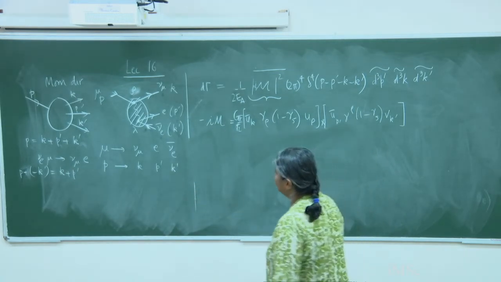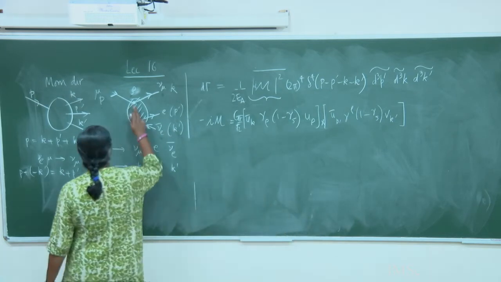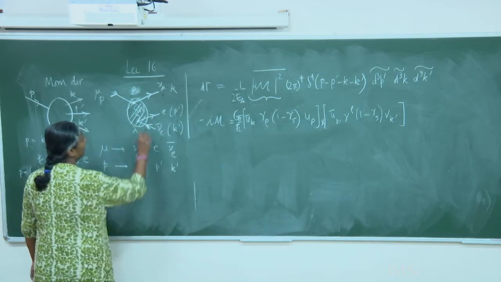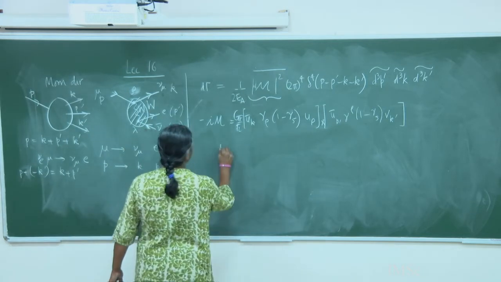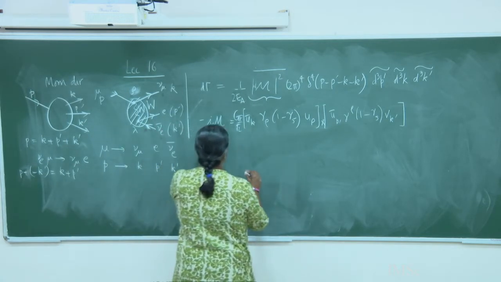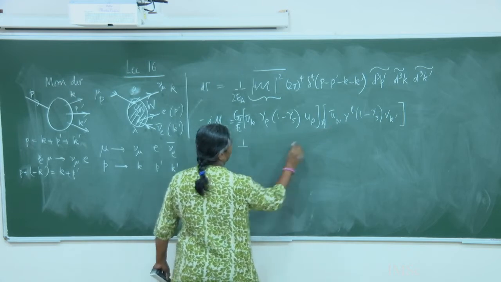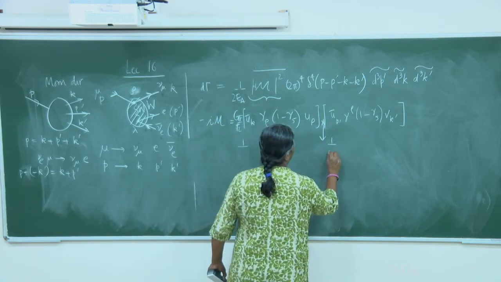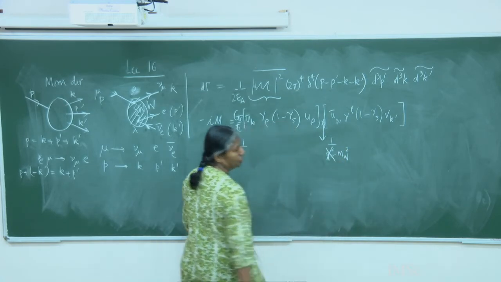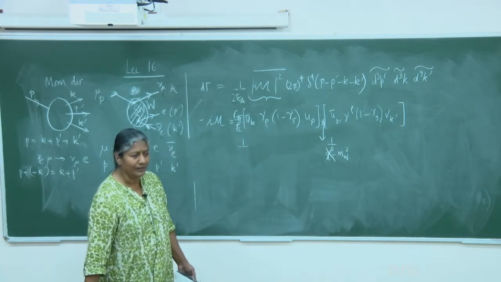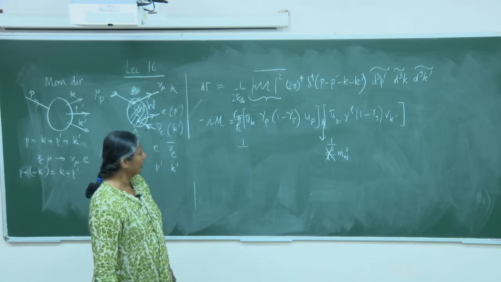Now, we know now that there is a propagator, which is the W propagator. Maybe I will put it out here, okay. And this W propagator will have a 1 by q squared minus mw squared, and I can drop the q squared because it is of the order of MeV, whereas mw squared is of the order of 100 GeV.